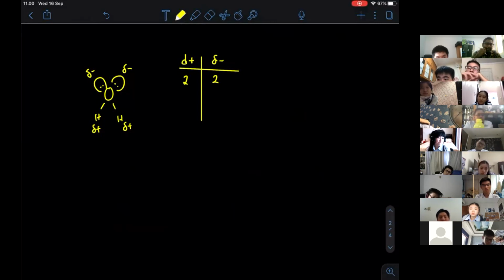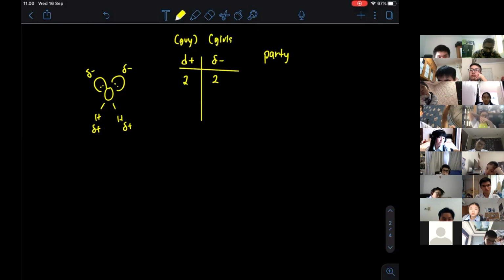Why am I saying the ratio is the same? Imagine you are going to a party. The delta positive are the number of guys, and the delta negative are the number of girls. The ratio is going to be 1 to 1.